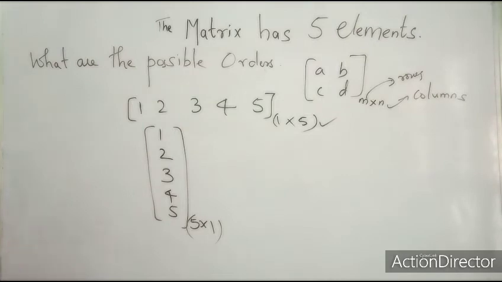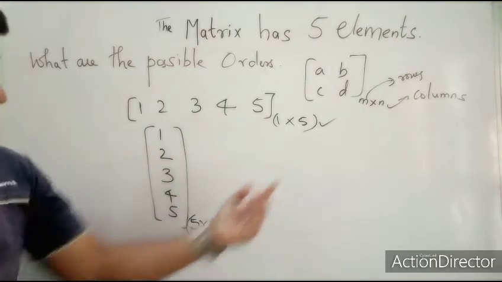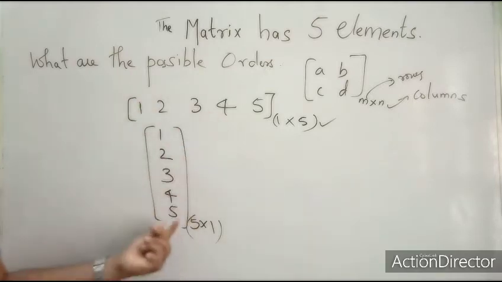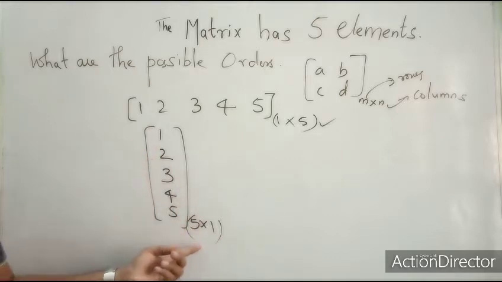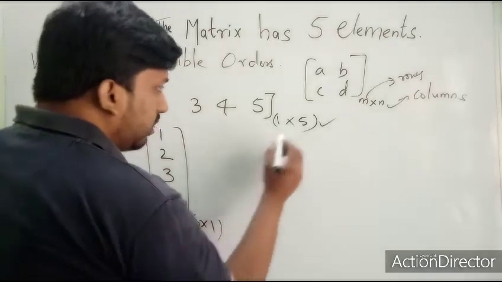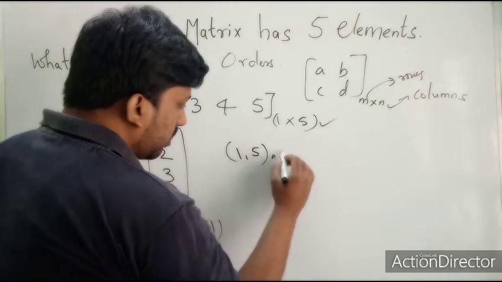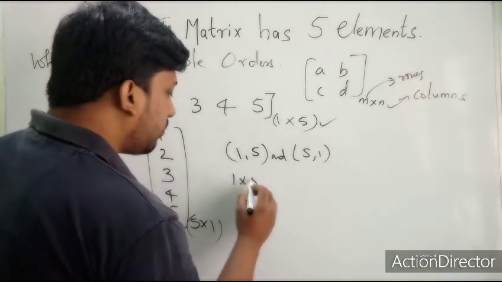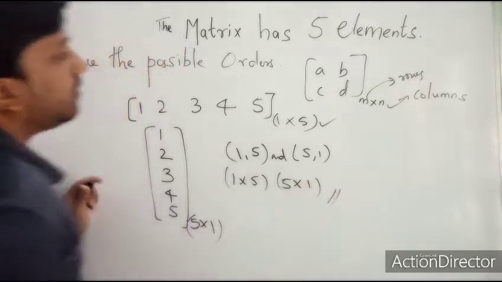Any other order possible? No, right? M cross n, these are the orders possible. One is 1 cross 5 or 5 cross 1. So one can have 1 row, 5 columns, or 5 rows and 1 column. We can take like this, right? So the possible orders are 1 comma 5 and 5 comma 1, or 1 cross 5 or 5 cross 1 with respect to the matrix.